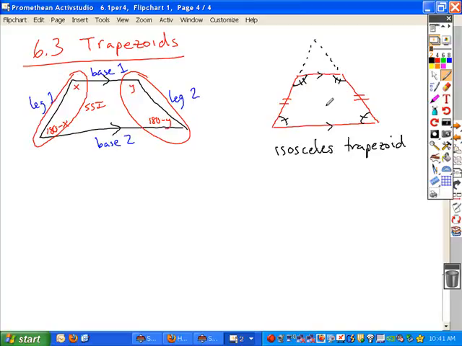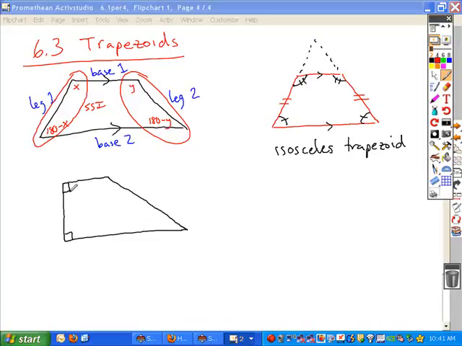The other shape that you're often going to see in dealing with trapezoids would be something like this, with right angles. Is this even a trapezoid? Does it have one pair of parallel sides? Yeah. Because these two consecutive angles, or these two same side interior angles, are supplementary, 90 and 90, you know that these lines have to be parallel, therefore you have a trapezoid.